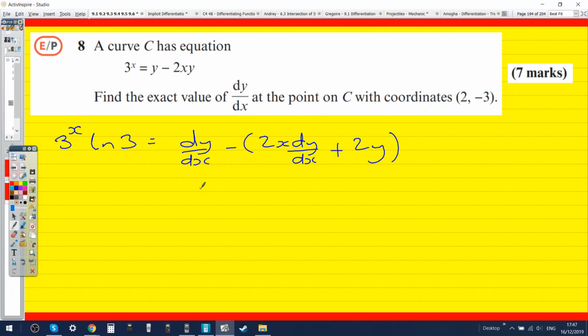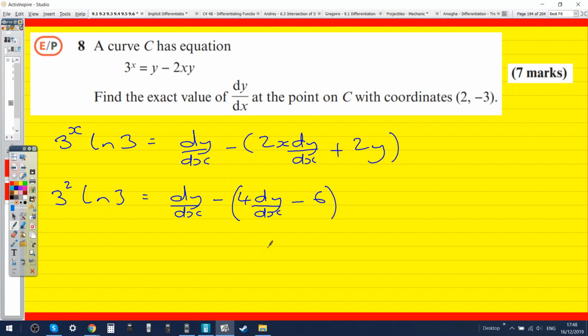So 3 to the x ln 3 is the same. Wait, 3 to the 3 squared ln 3 is equal to dy by dx minus 4 dy by dx minus 6. Oh, it shouldn't be in brackets.